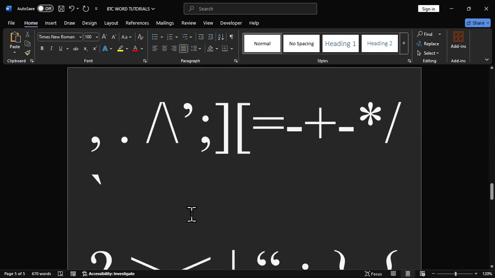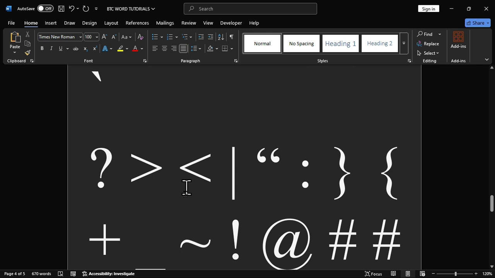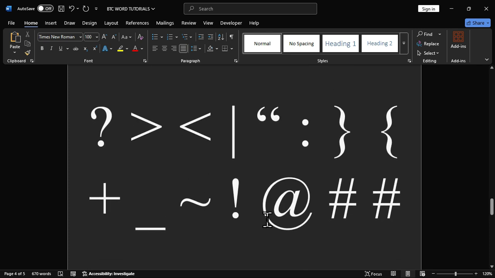So if you compare these symbols to these particular ones that we have below, all this needs the shift key to have its output. I am using Microsoft Word to display all these particular symbols that you can see, and as I said, some of these keys need the help of the shift key and some do not.